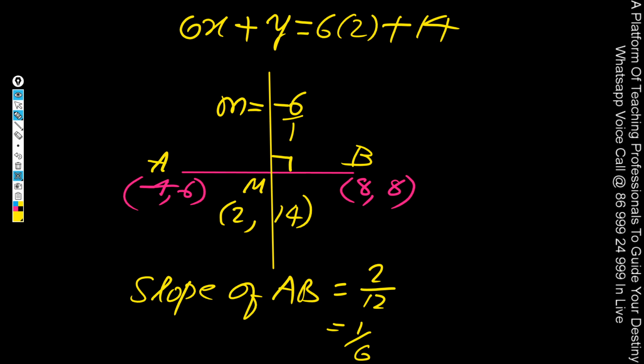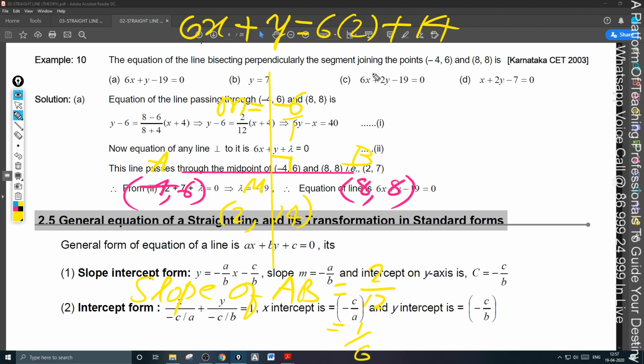Let us check the answer and we will move on to the further explanation. 6x plus 2y, 6x plus y, the answer is given to be A here. 6x plus y is equal to 19. How much is it? 12 plus 14. What is the point given? I think we wrote the midpoint wrong. Let me check.